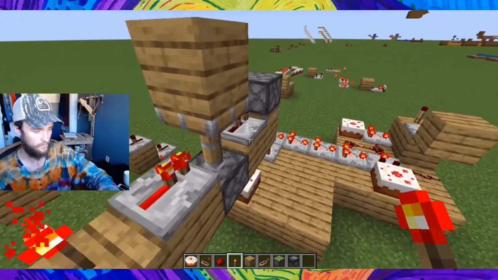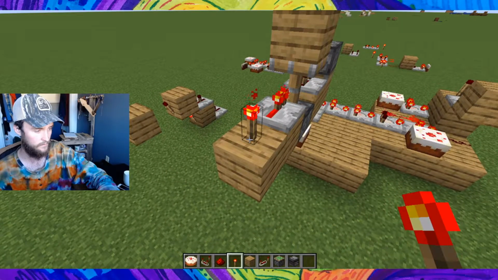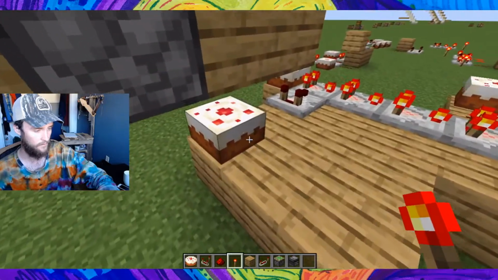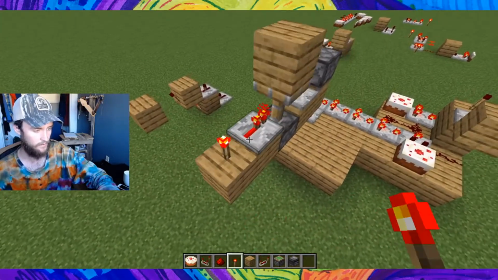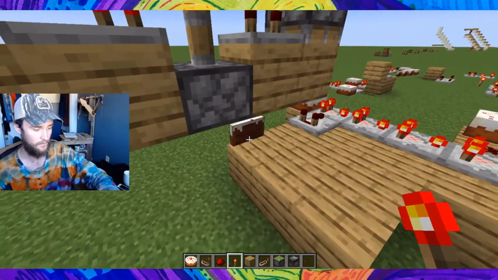We do 3 ticks. That worked. I'm gonna try to do like super low cake. How does that work? Yeah, that seems like exactly what we want there.